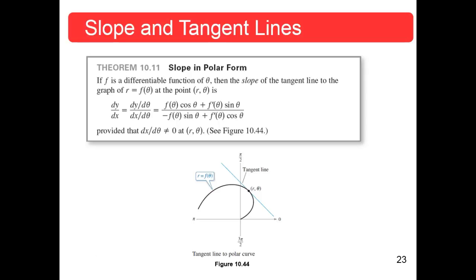If f is a differentiable function of theta, then the slope of the tangent line to the graph of r equals f of theta at the point (r, theta) is given by that, exactly what we just determined, provided that dx/d theta is not equal to 0 at (r, theta). Okay?